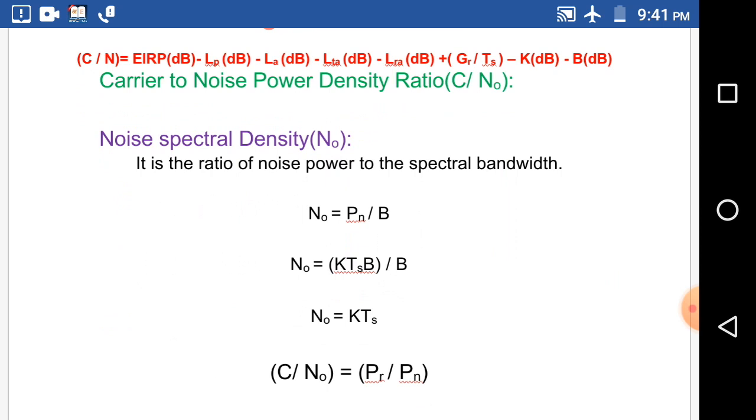It is the ratio of noise power to the spectral bandwidth.